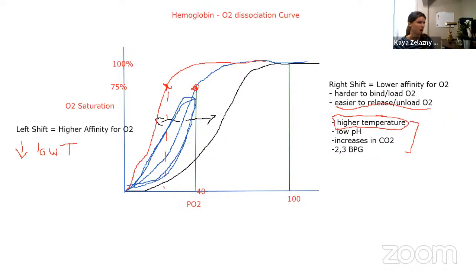This is called cooperative binding. It's like our oxygen molecules are cooperating together to get that hemoglobin full. Sorry, I keep grabbing this blue pen by accident. Okay, but this sharp region here was our cooperative binding.